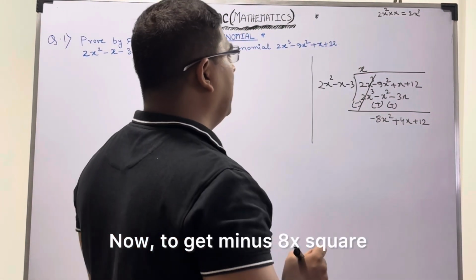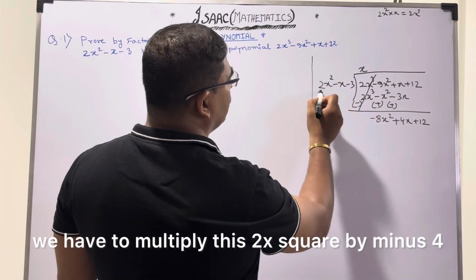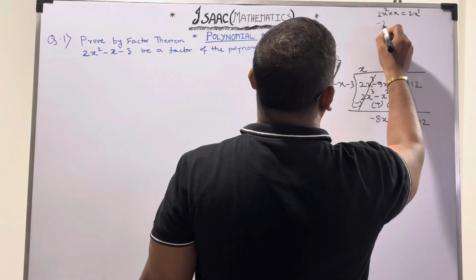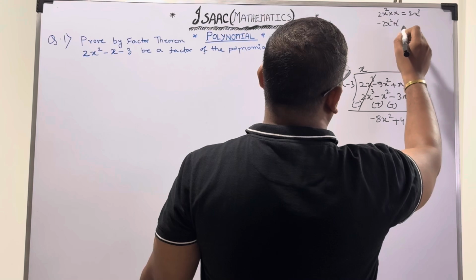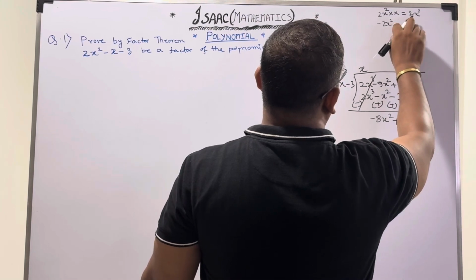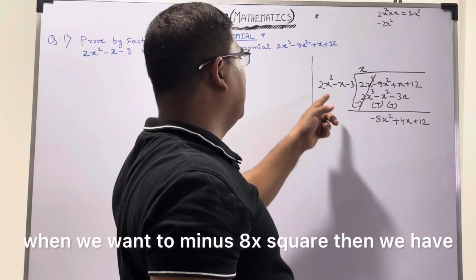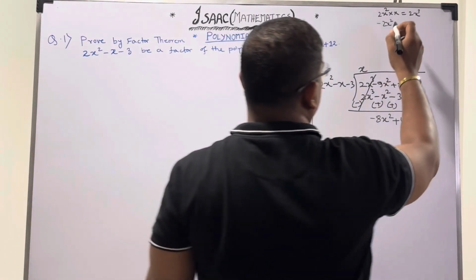Now to get minus 8x square, we have to multiply 2x square by minus 4.